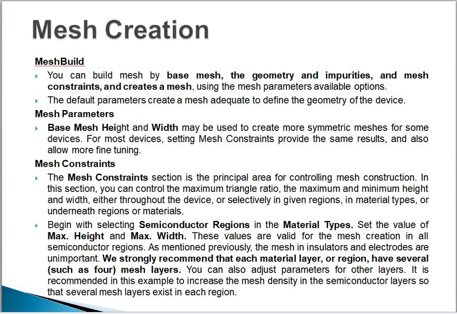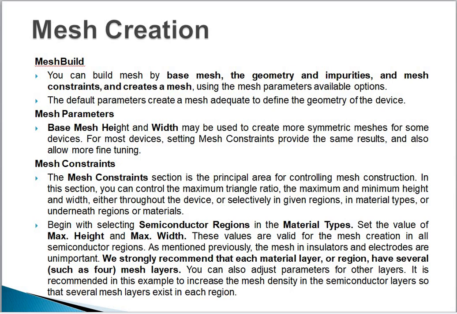In this section, you can control the maximum triangle ratio, the maximum and minimum height and width, either throughout the device, or selectively in a given region, in a material type, or underneath the region or material. Begin with selecting semiconductor region in the material type.